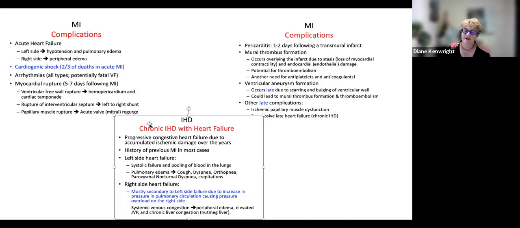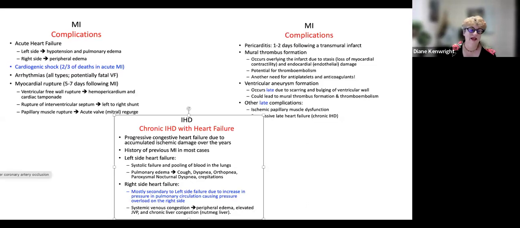Chronic heart failure can happen in the months after an MI, left-sided due to inefficient pumping, and that puts the pressure backwards into the lung, leading to the classic features of heart failure, and then right heart failure can follow due to left heart failure, giving rise to the right heart failure symptoms.